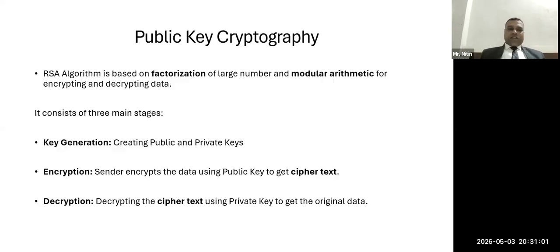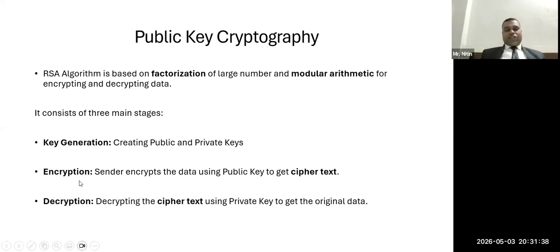The RSA algorithm is based on the factorization of large numbers and modular arithmetic for encrypting and decrypting the data. It consists of three main stages. First is key generation: in the RSA algorithm, first the keys get generated. We just learned about the public key and private key and what they are used for. So the first stage is creating a public and private key.